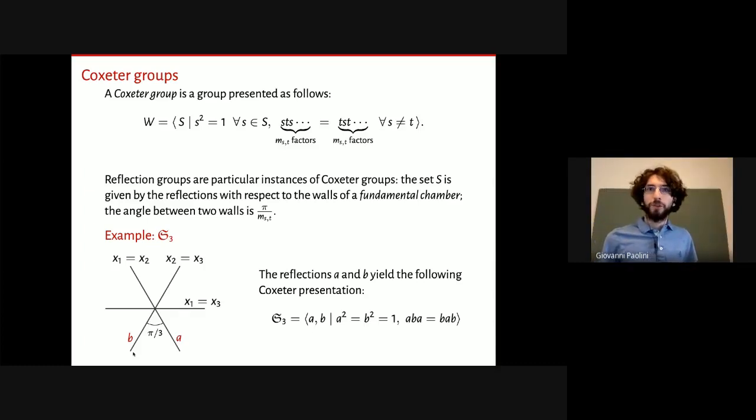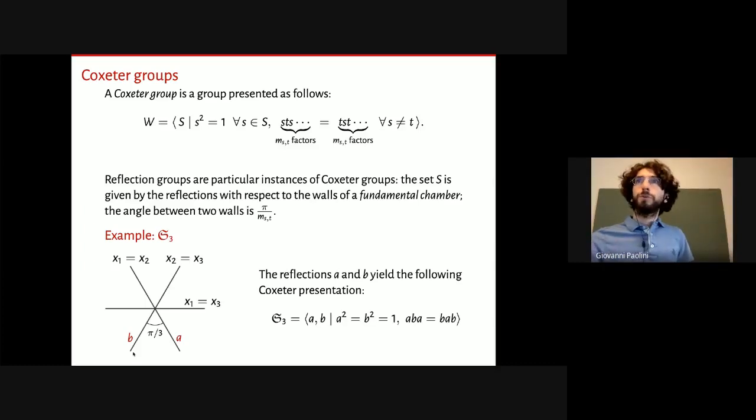And so these are reflections, so they are going to be involutions automatically. So the relations A square equals B square equals 1 is for sure satisfied.